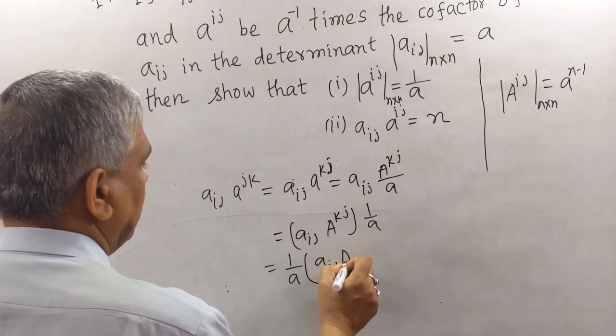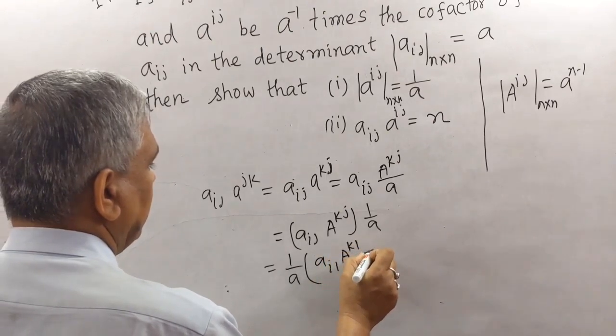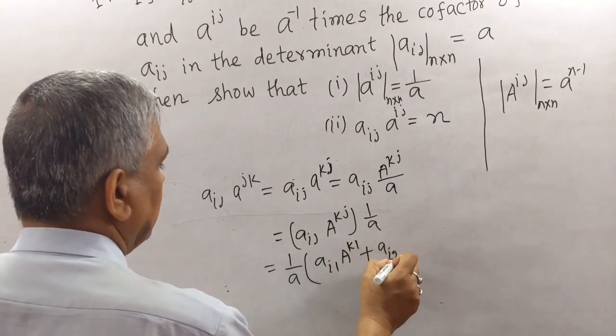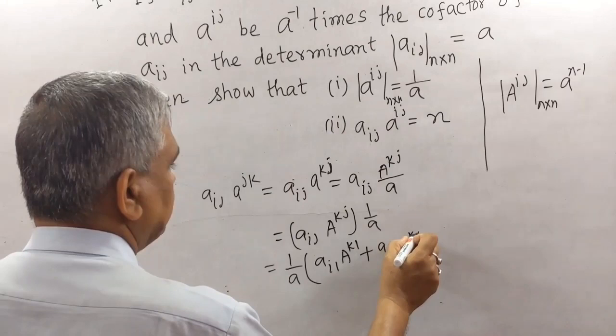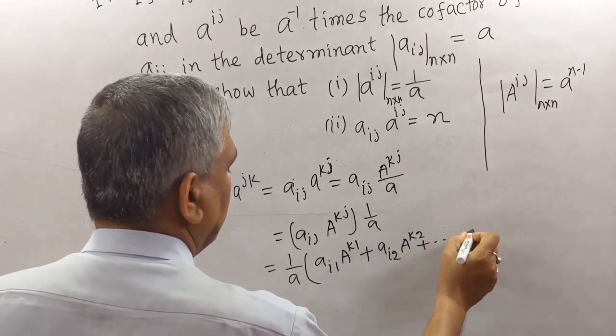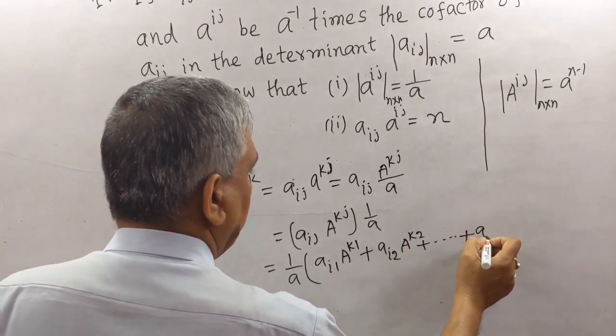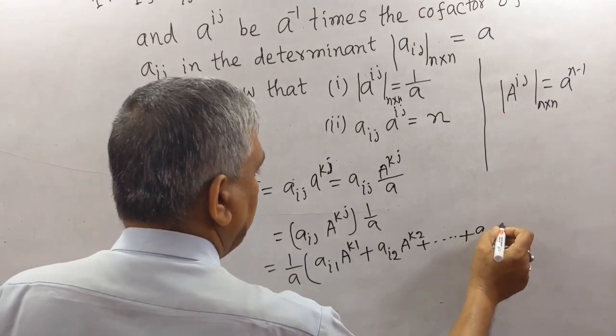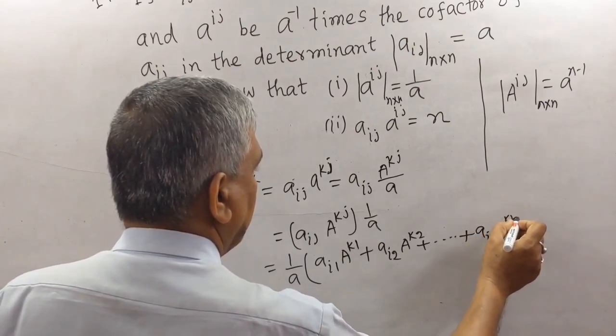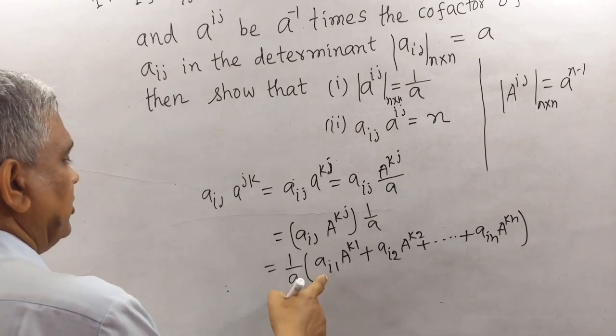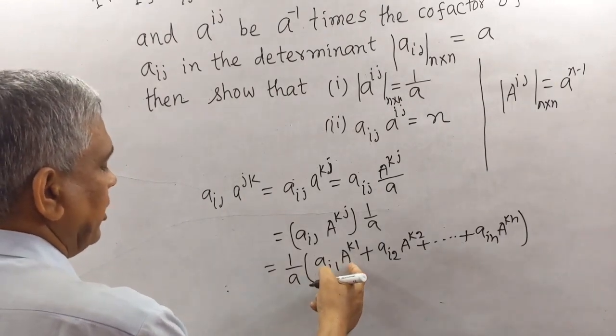A_i1 capital A_k1 plus A_i2 capital A_k2 and so on, up to A_in A_kn. This is the element and this is the cofactor.